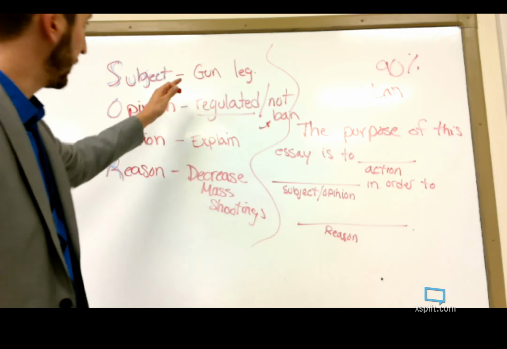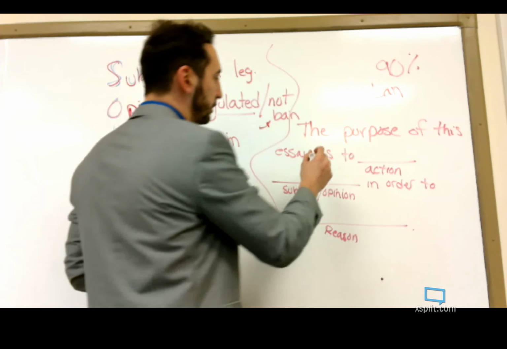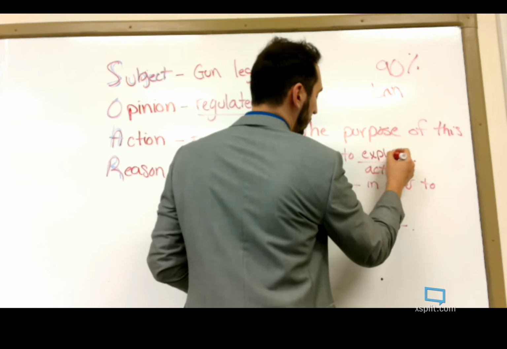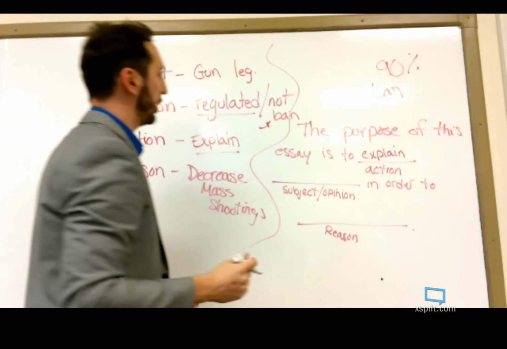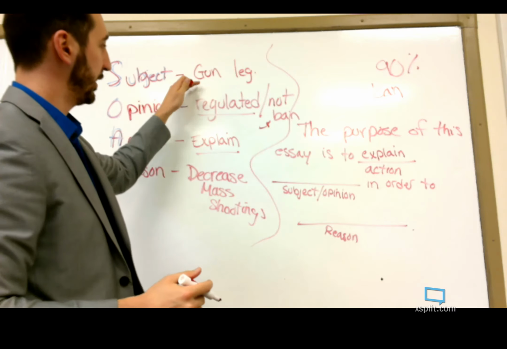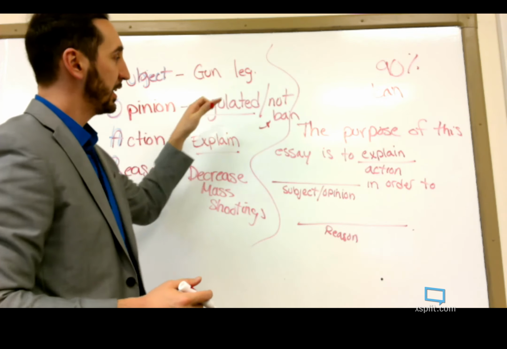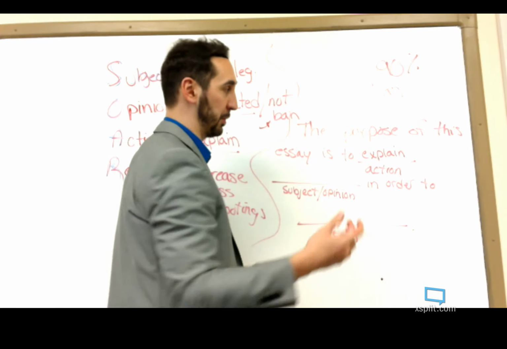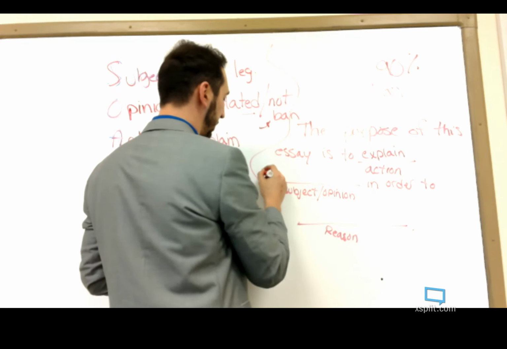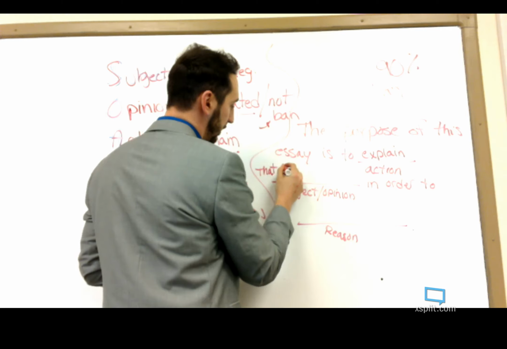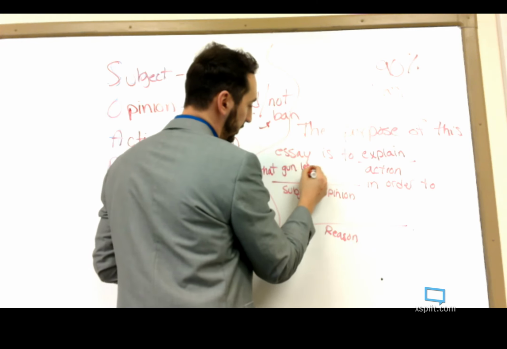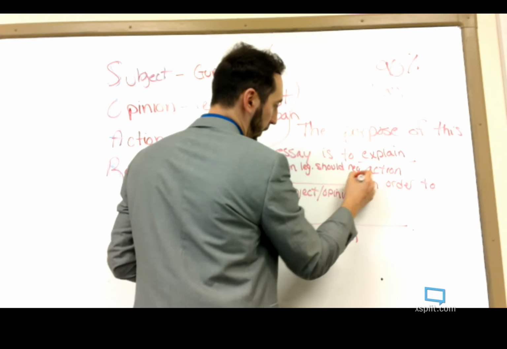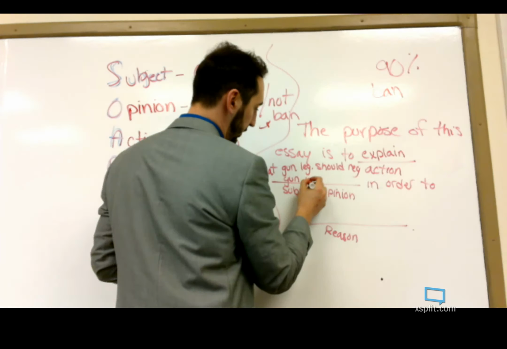So if we were to fill in these guys, the purpose of this essay is to explain what is our opinion, or excuse me, our subject. Gun legislation needs to be regulated and not banned. So we need to put that into a proper sentence. The purpose of this essay is to explain that gun legislation should regulate gun use.